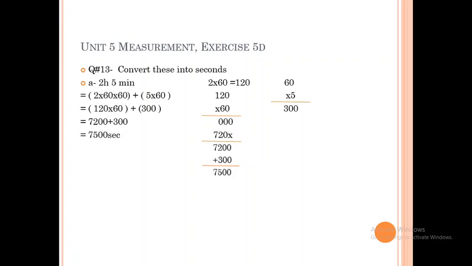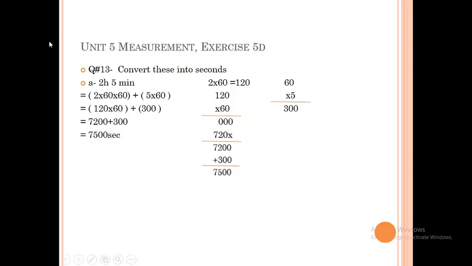In all the questions we are going to convert into seconds. First, convert minutes into seconds, only a single multiplication by 60. The second one was hours into seconds. So first convert hours into minutes, then again convert those minutes into seconds, both times multiplication by 60, because 60 is the multiplication factor or the conversion factor.